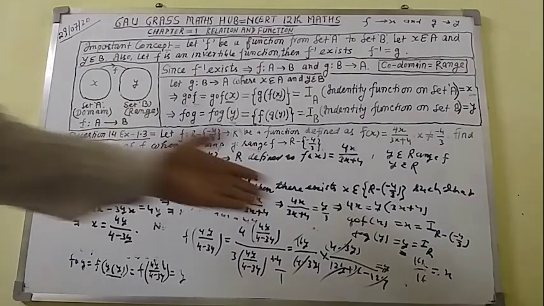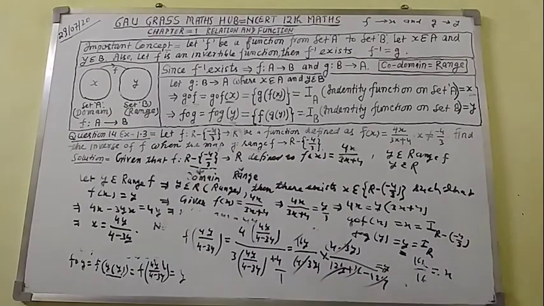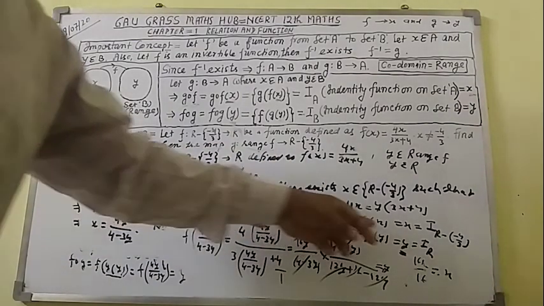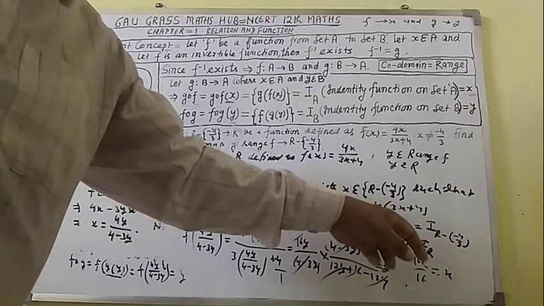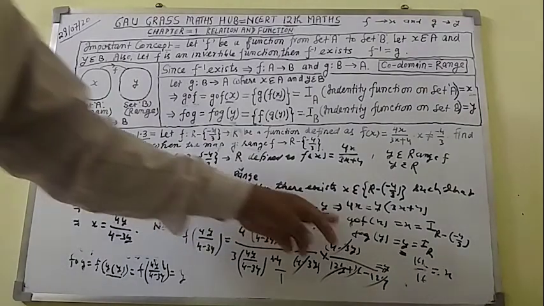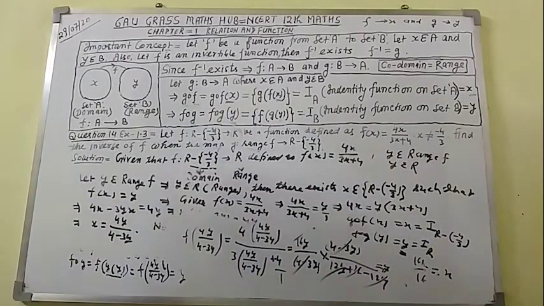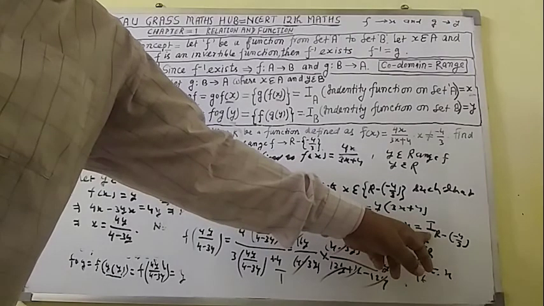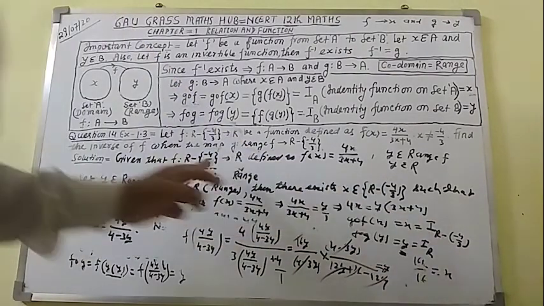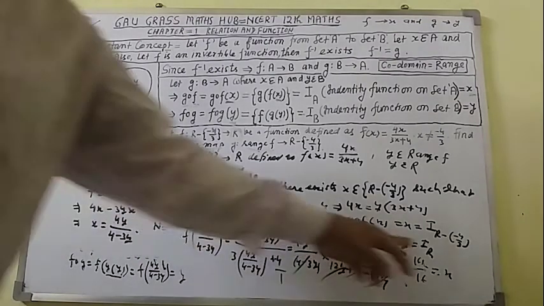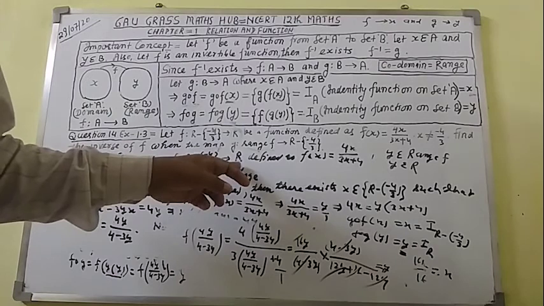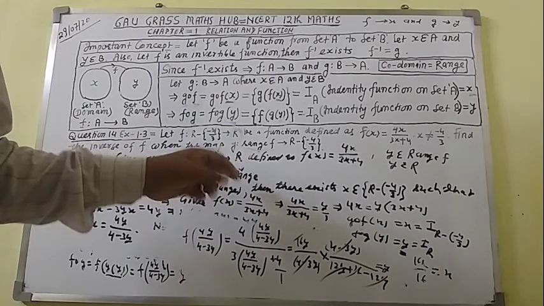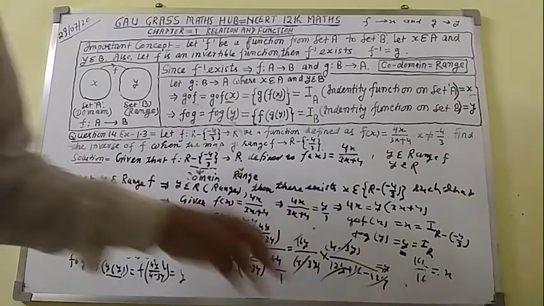So in this statement you have to show g of f gives us x and f of g gives us y, identity function on domain and identity function on range of f, that is the range.